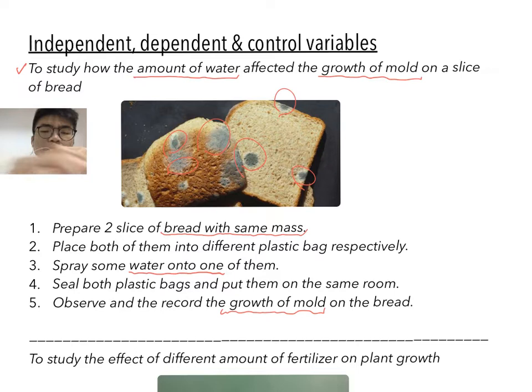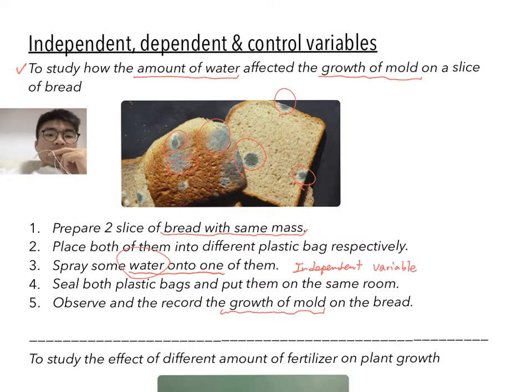Because this time we're going to study how the amount of water affects the growth of the mold, we are going to control the amount of water. This would be the independent variable, something that is changed by you.